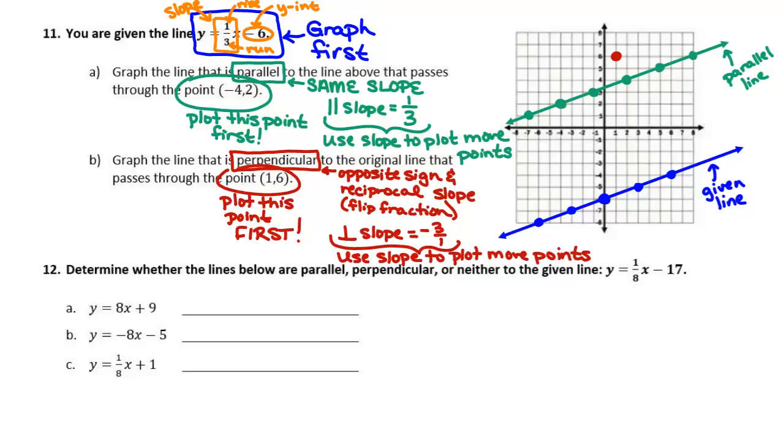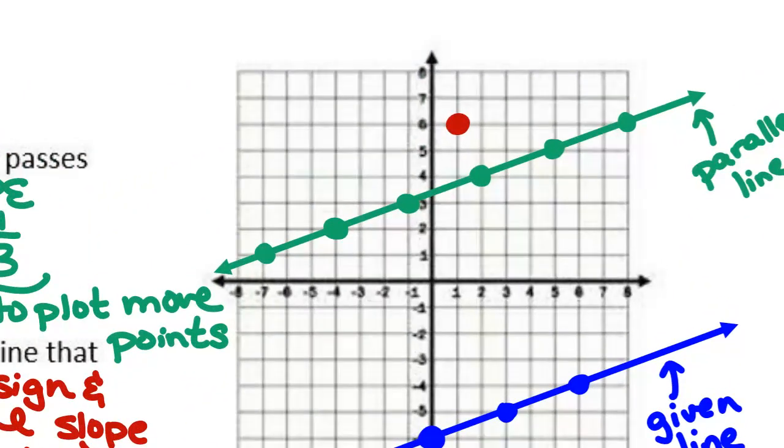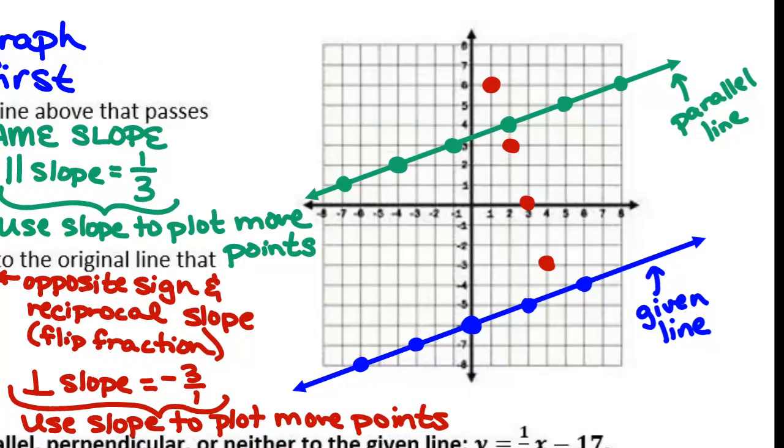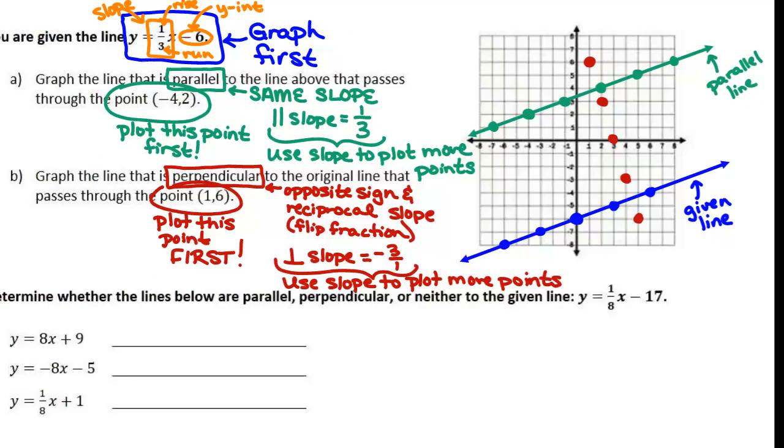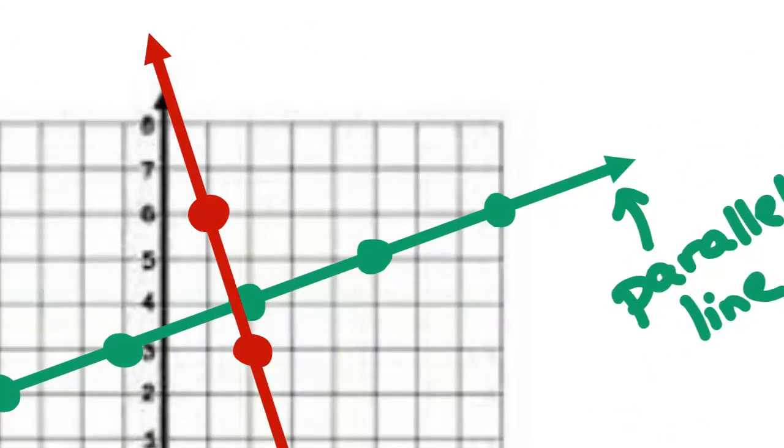We always run to the right. So down 3 and right 1, down 3 and right 1, down 3 and right 1, down 3 and right 1. I hit the edge of the graph going down. I can't turn it around backwards because I don't have enough room to go up 3. So I draw my line through my plotted points, and that is my perpendicular line.